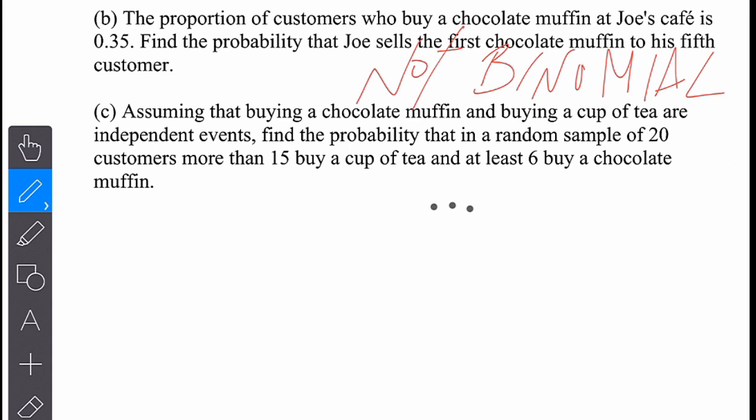So in this case, find the probability that a random sample of 20 customers buy more than 15 buy a cup of tea. So what we've got to do is find the probability of 15.